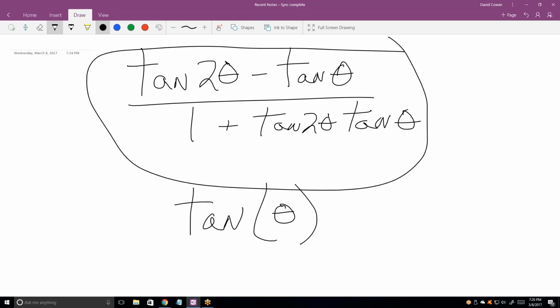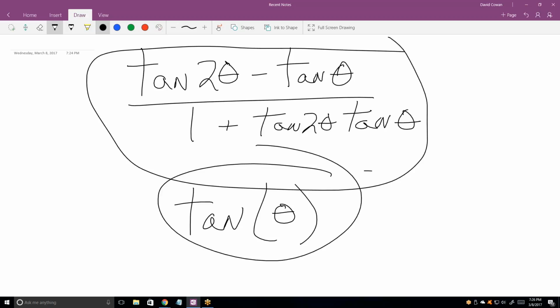Correct. And that's not a findable angle. What was the question here? It said simplify each expression. You've simplified it. This is what it is.